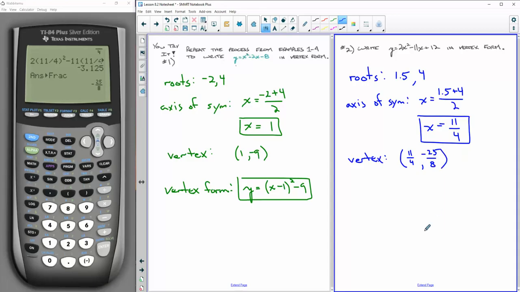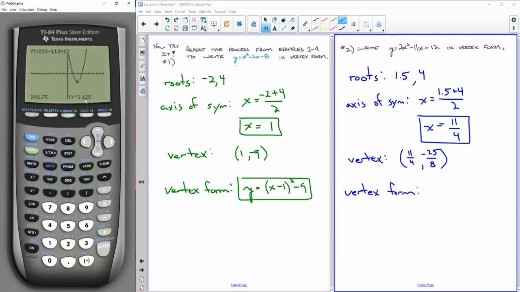And now we write it in vertex form. So on the graph, though, first of all, let's check that trace. 11/4.